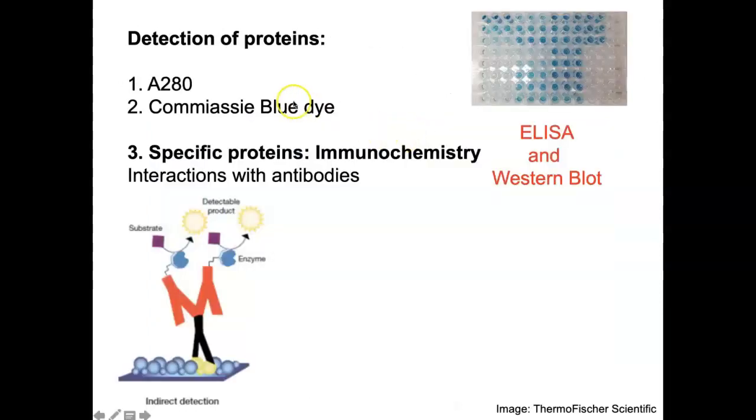And that is shown here. So we're now talking about immunochemistry using very specific interactions with antibodies. Recall how precisely an antibody fits with a complementary surface to the antigen, right?